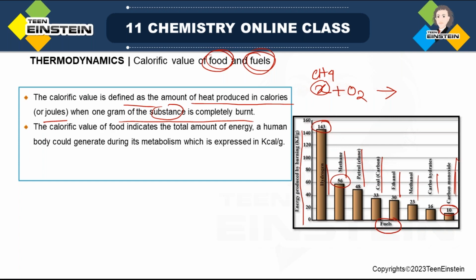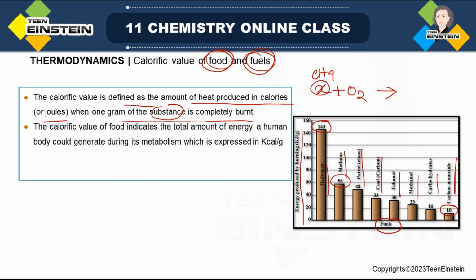For food, we can say the calorific value indicates the total amount of energy a human body could generate during its metabolism, and it is mainly expressed in kilocalorie per gram. But this is also a kind of burning process, though it is happening in vivo, not in vitro, inside our body. So we are saying it in a different way.